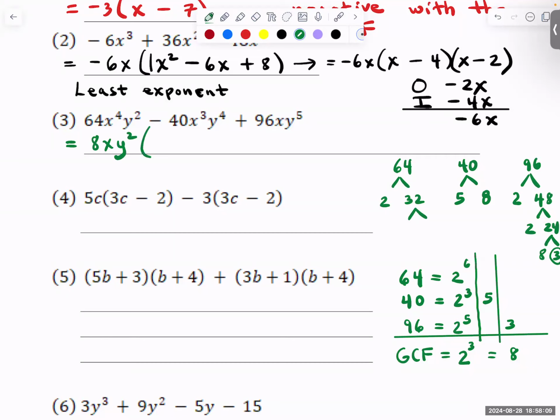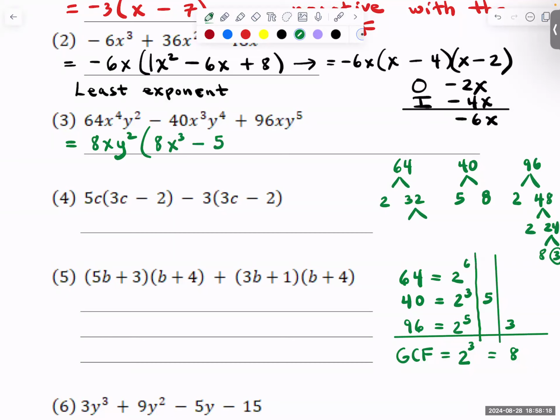So by the distributive property, 8 times 8, 64, x to the 3rd, minus 8 times 5 is 40, x squared, y squared, plus, and then 96 divided by 8 is 12, x is factored out, so y cubed.